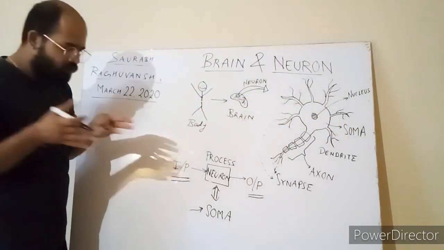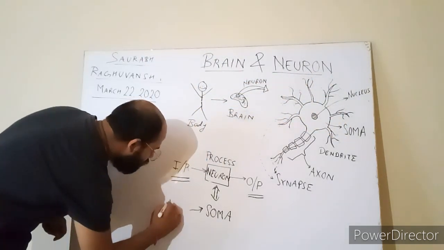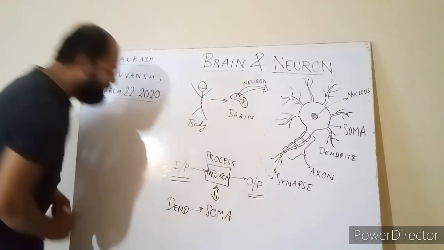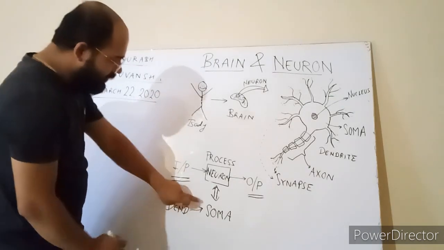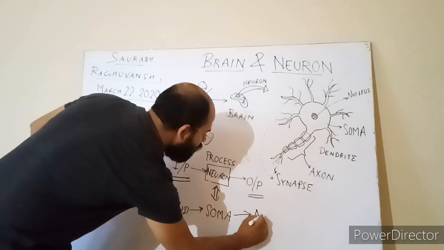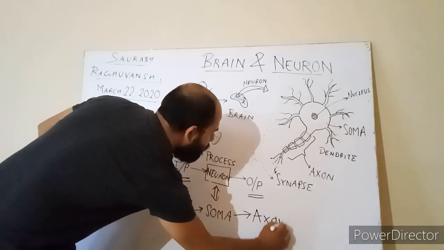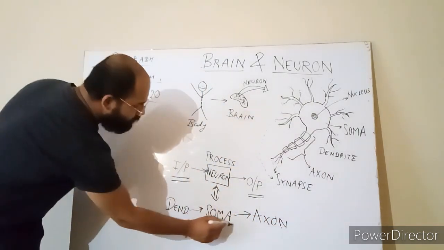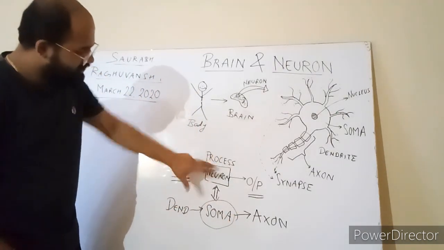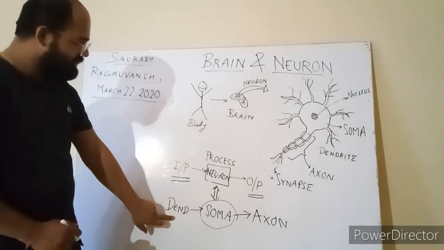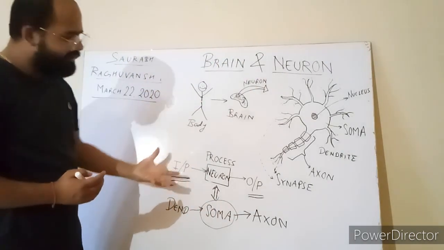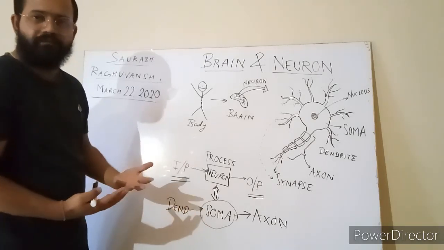These are the dendrites which feed input to it. Then we get the output from the soma through the axon. So this is how it works. The soma is basically the processor, dendrites are the input, axon is the output, and this is the analogy between the neuron and the actual system which we are going to develop.